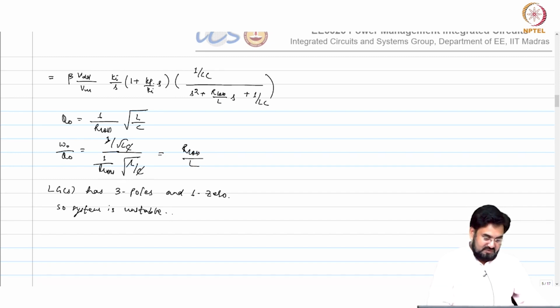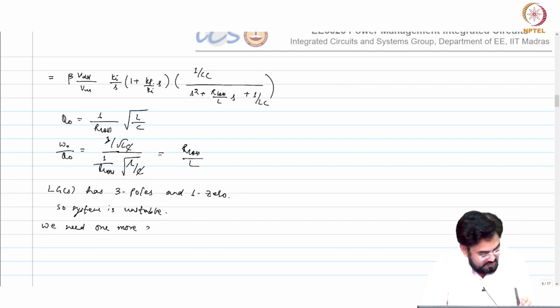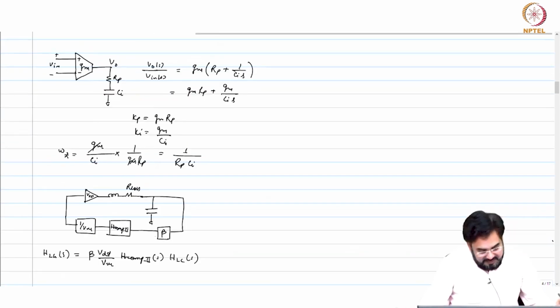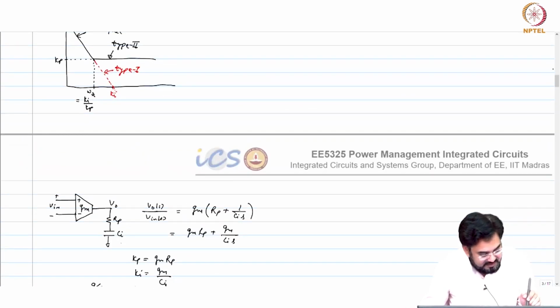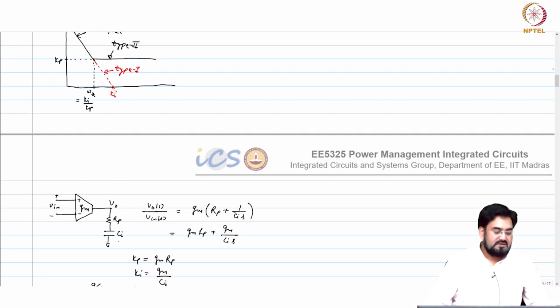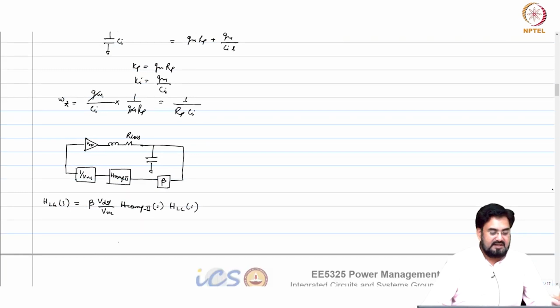Can I get an extra zero from somewhere? So we need one more zero. Okay. So I know if I put a resistor in series with C, that gives me 1 zero. Is there any additional capacitor here?